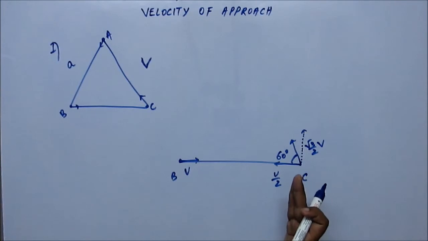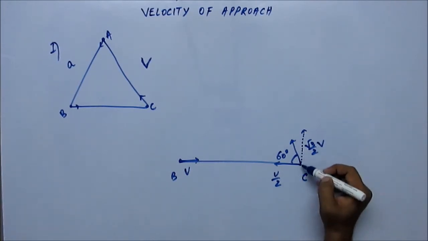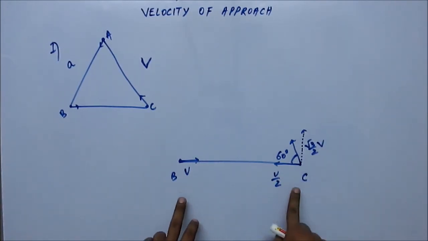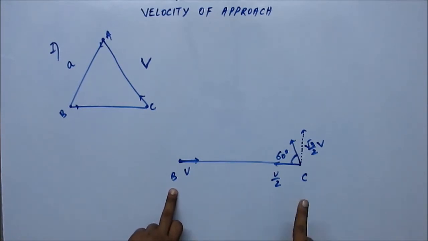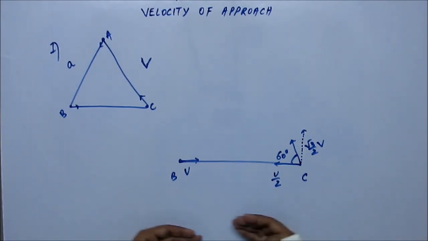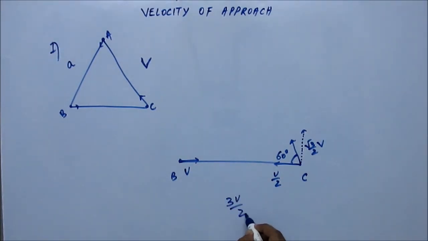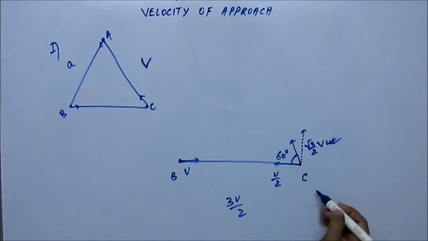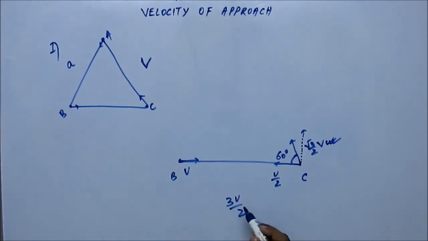We have had this discussion several times before. This perpendicular velocity will not enable C to approach B. Only the velocity along the line BC enables C to approach B. So the velocity of approach in this case is 3V by 2, and the perpendicular component is not helping C reach B. So the velocity of approach is 3V by 2 initially.